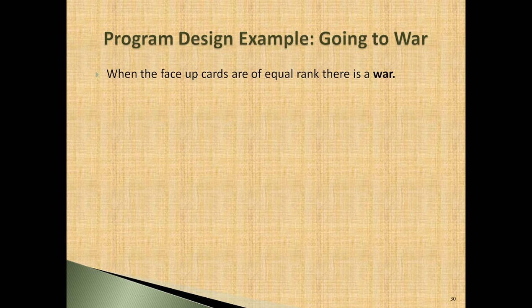For example, if both players have put their card on the table face up with the number 10, that is an equal number. Or if both players have put their card on the table face up as number 4, so both cards are 4, then we can say the war will begin.